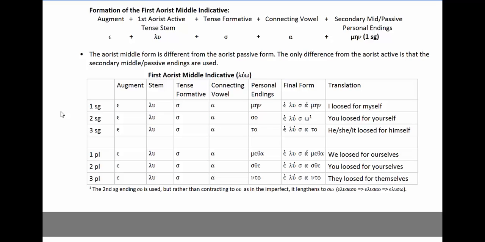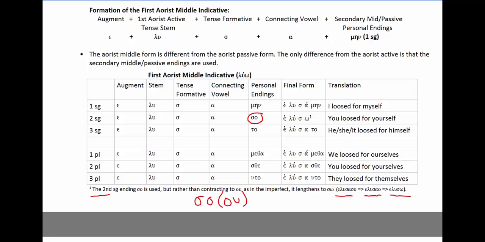However, the so ending, in this case, see here on the second person singular, so is the ending. But if you look down here at the footnote, the second person singular ending so is used, but rather than contracting to ou as in the imperfect, you remember that's kind of the alternate form. You have so, and then in parentheses you might put ou to help you remember. But in this case, it lengthens to aso, and then you can see these kind of contractions that occur.